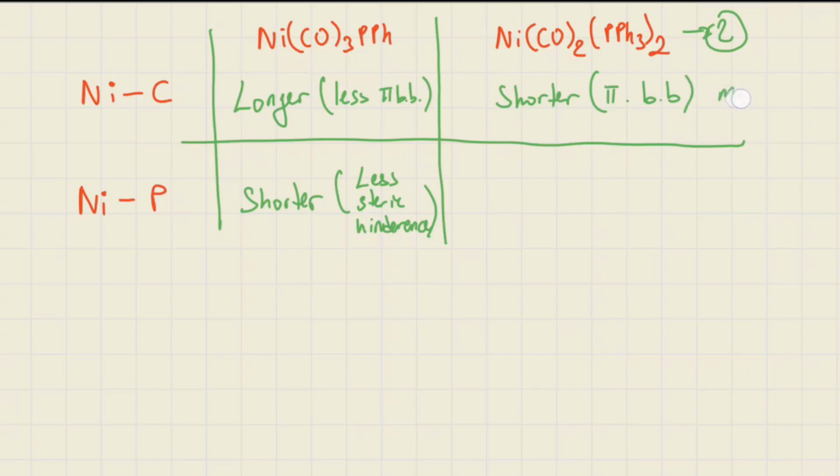And the nickel phosphorus bond is longer. The reason is that we have two phosphine ligands, so there is a strong steric effect. And this is all for me today.